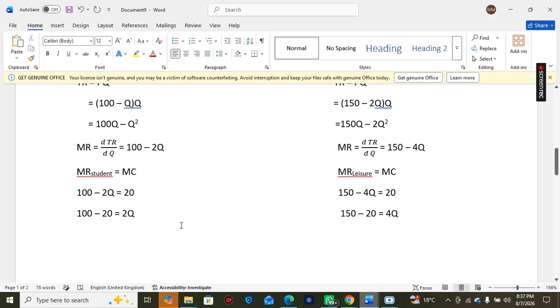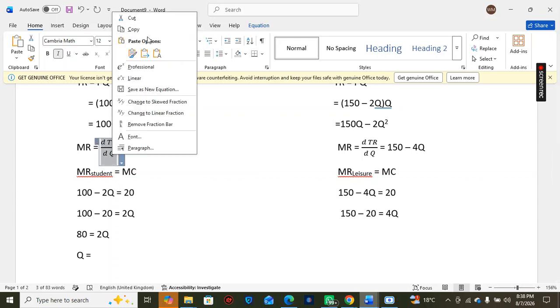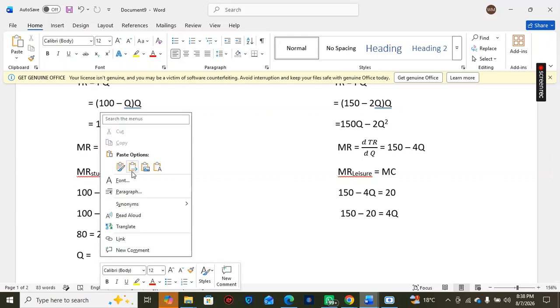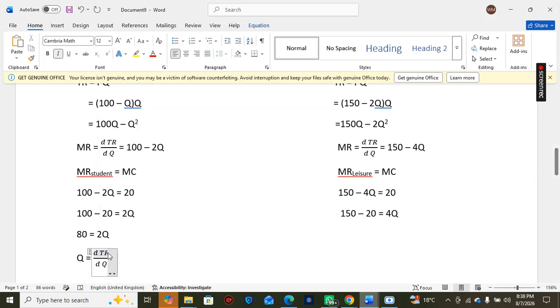So 100 minus 20, that gives us 80. 80 equals 2q. So our value for q for the student travelers is 80 over 2.